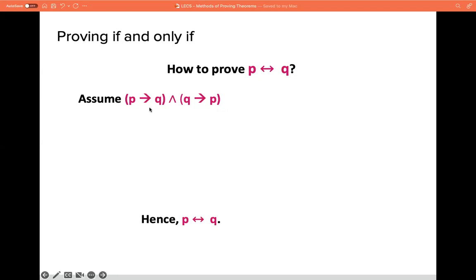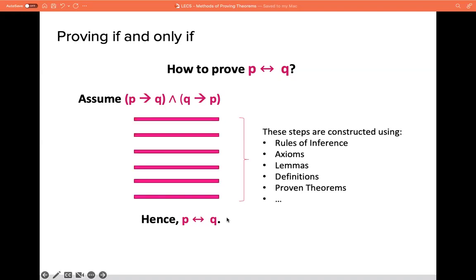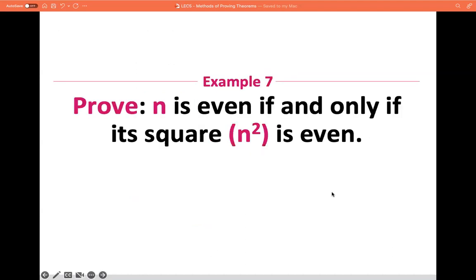So if we can prove that this is true, we can say that P and Q are equivalent. These steps are constructed using rules of inference, axioms, lemmas, definitions, proven theorems, etc.